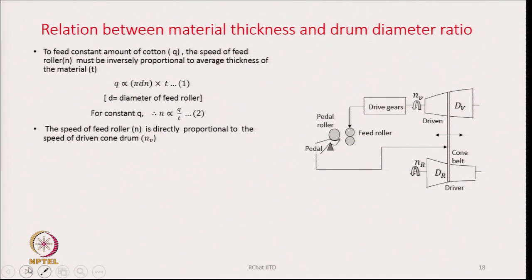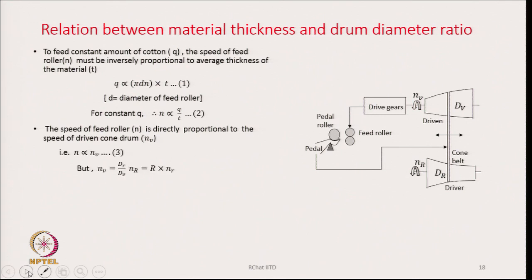Okay. Speed of the feed roller n is directly proportional to the driven cone drum speed, that is, see, this is the driven cone drum, speed is n v, and through some gear ratios, it is feeding the drive to the feed roller. So, speed of the feed roller, which is n, has a direct relation with the speed of the driven cone drum, that is n v.